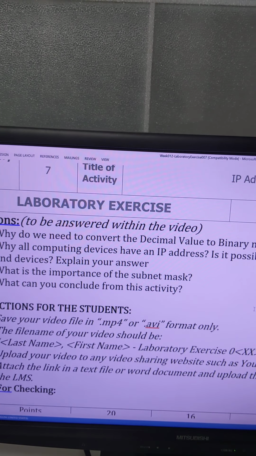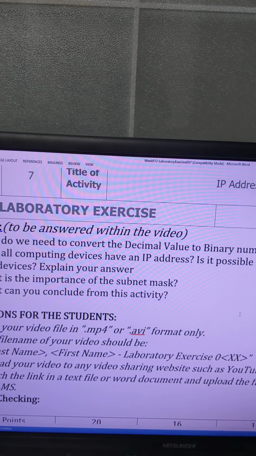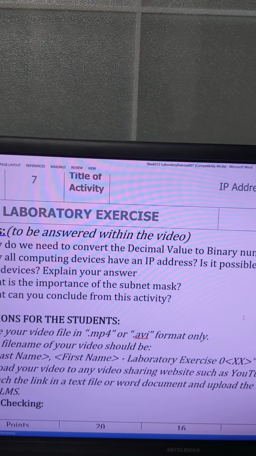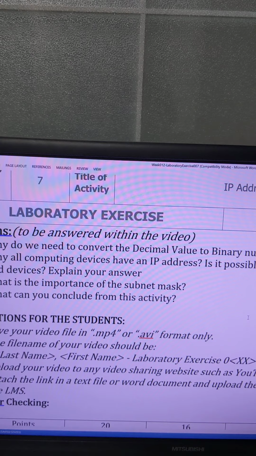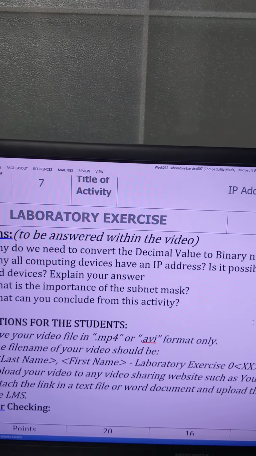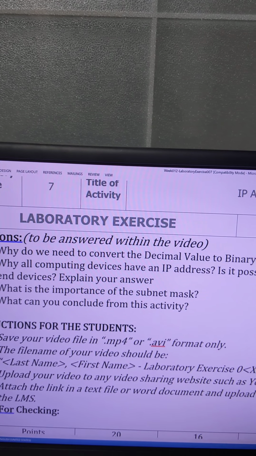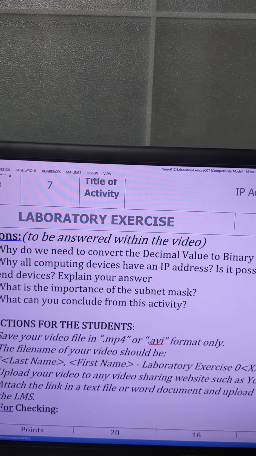And why do all computing devices have an IP address? Well, because that's a way to locate the device in the network. Without an IP address, it cannot be located. So it needs a unique IP address, and it also needs to have an IP address for itself.